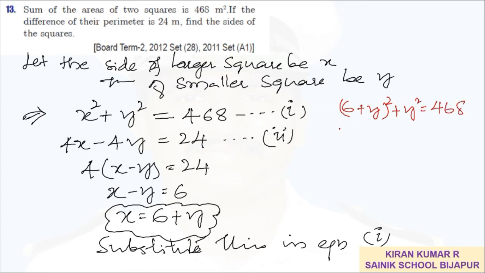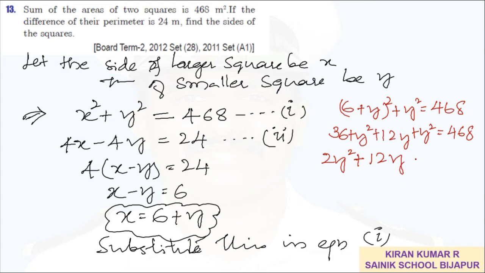This can be simplified as 36 plus y square plus 12y plus y square equal to 468, or else 2y square plus 12y minus 432, because when I transpose this, we get this as negative, added to 36 we get it as minus 432.